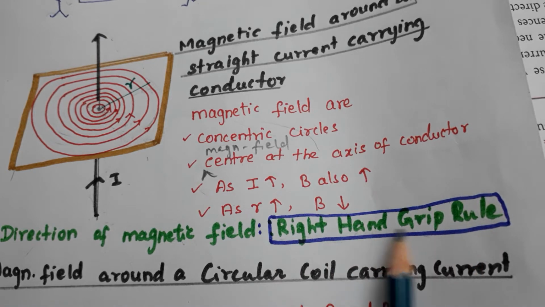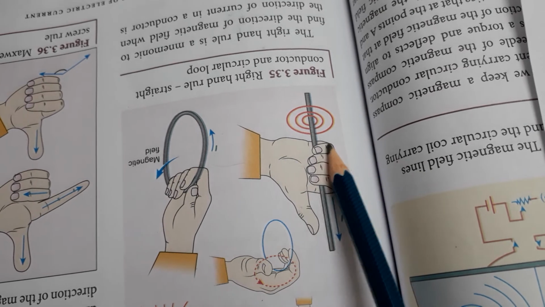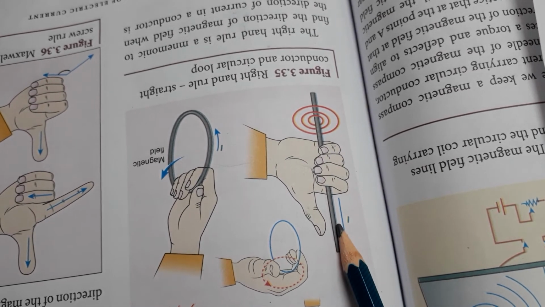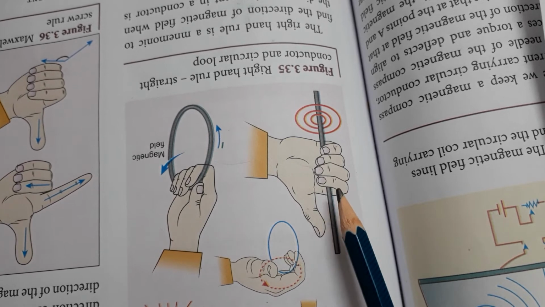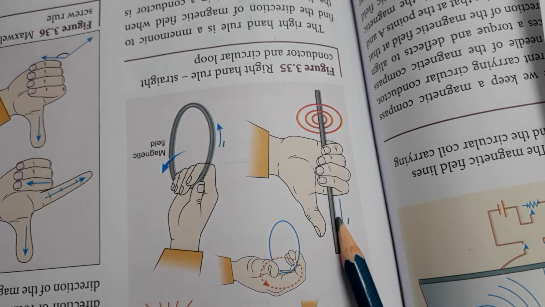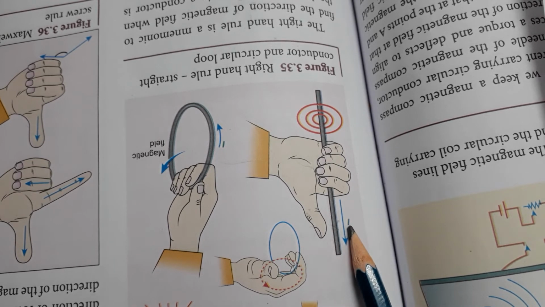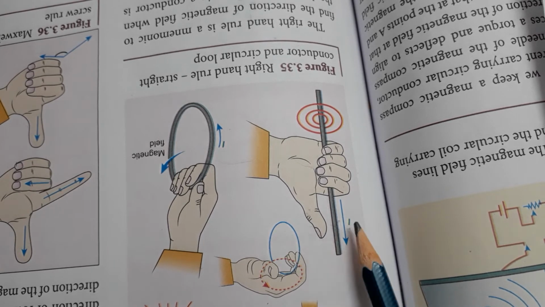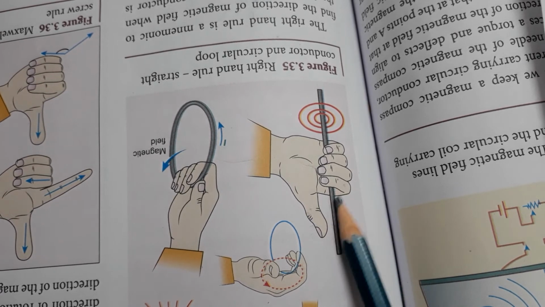So let us see what the right hand grip rule is, children. Now look at this diagram. You have to hold the current carrying conductor using your right hand, right? The thumb points in the direction of I. The fingers you curl around the conductor.